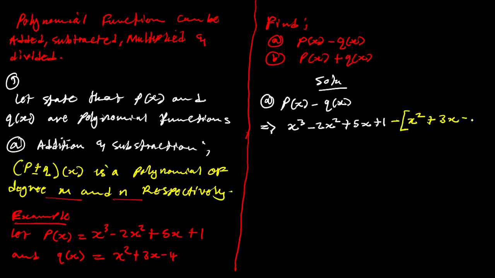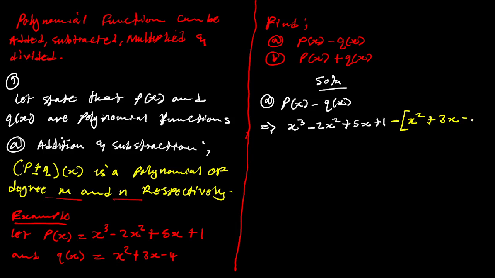Once you work out such an equation using that approach, your job here is to say x cubed minus 2x squared plus 5x plus 1, and then you multiply the negative by everything there, so it's going to be negative x squared minus 3x minus 4.